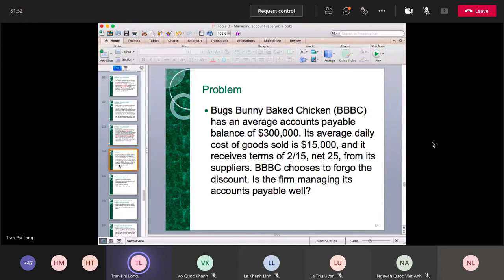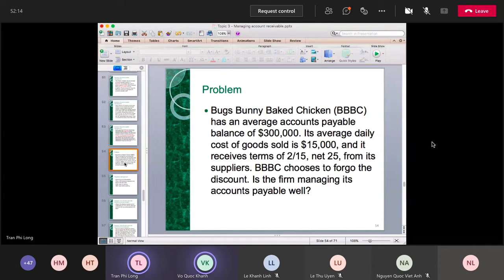Okay, who can tell me the accounts payable days outstanding for this company? In my calculation, the days payable outstanding for the company is 300,000 divided by 15,000, which is 20 days.